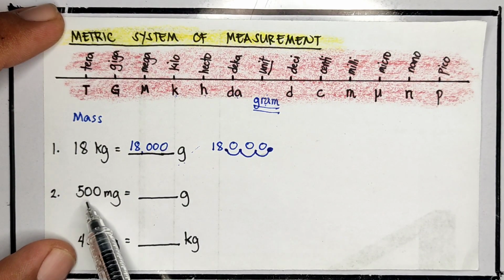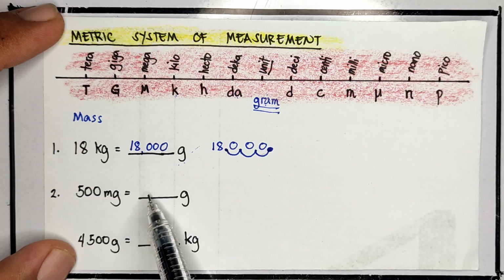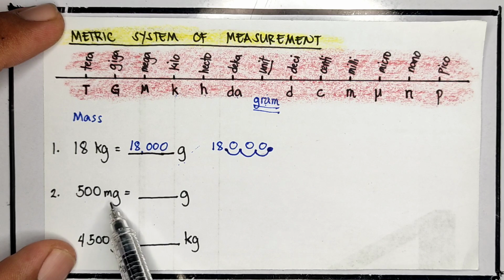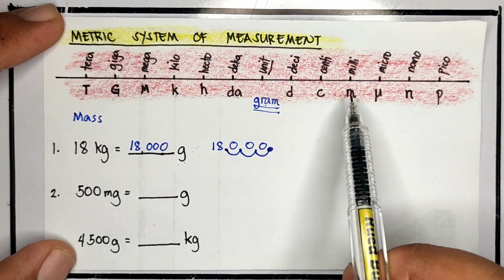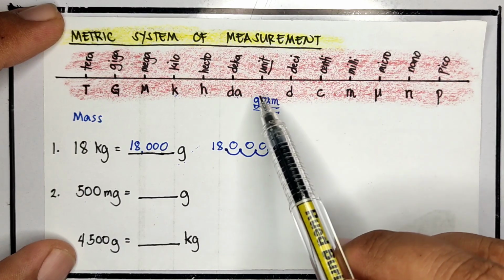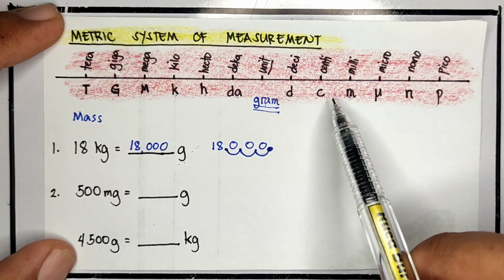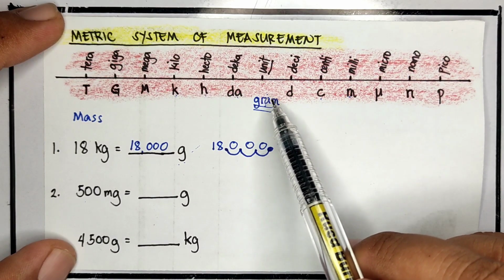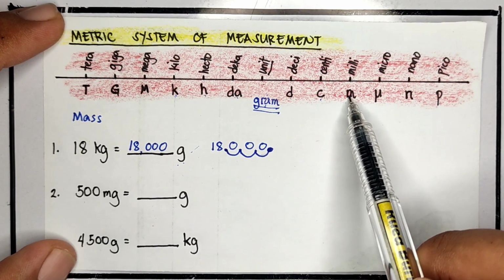Next, 500 milligrams is equivalent to how many grams? 500 milligrams. How many grams? Count: 1, 2, 3. Okay, 3 going left.